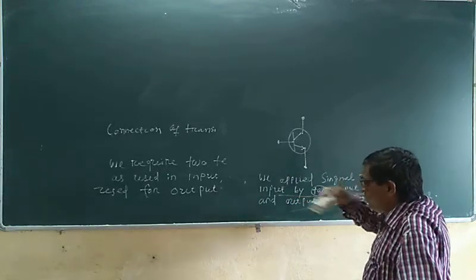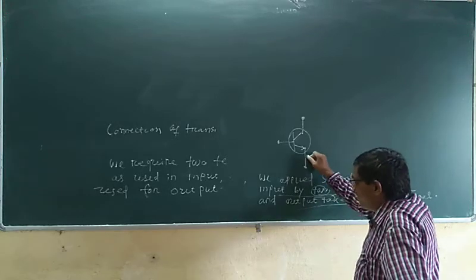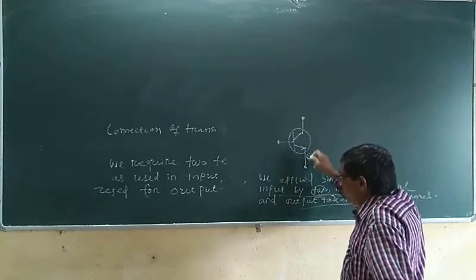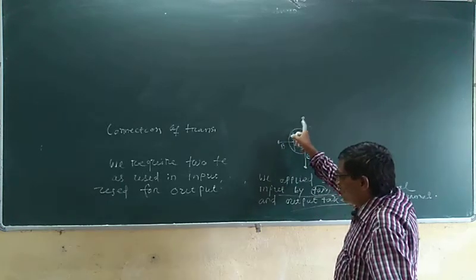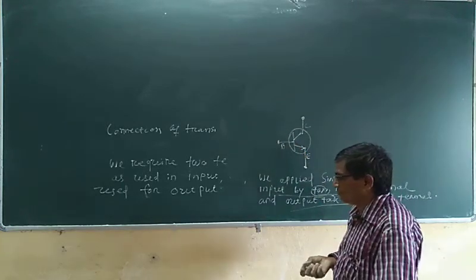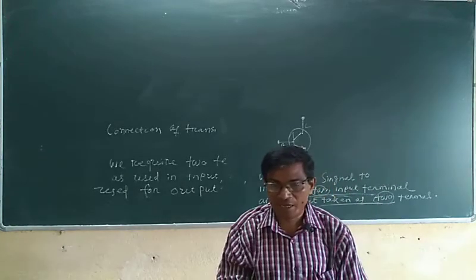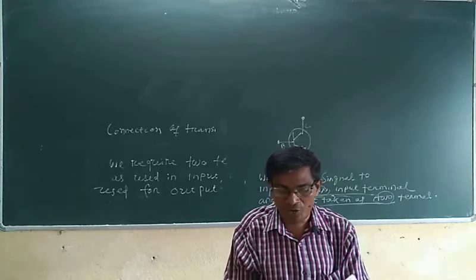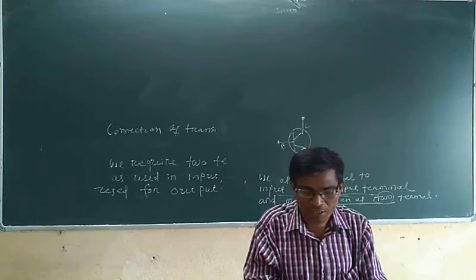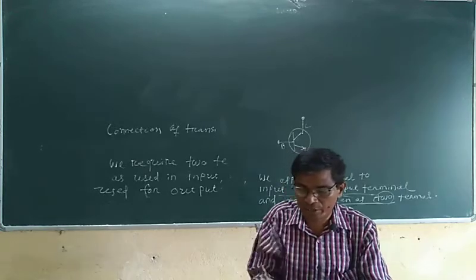Emitter, base or collector, any one. Here this is the emitter, here this is the collector and base. In a transistor we take one as common for input and output, then we apply the signal or connect the transistor in a circuit.